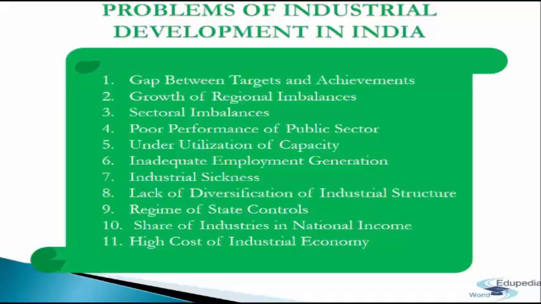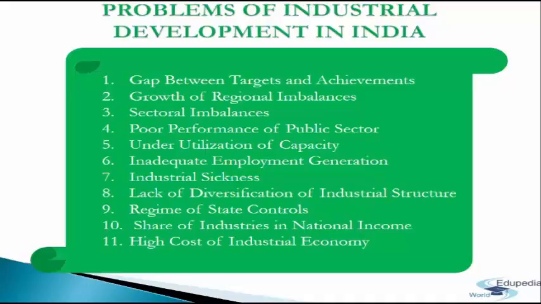Adequate attention has also not been given to improvements in technology and quality of the products. Consequently, due to these factors, sickness in certain industries emerged, particularly when market conditions tend to generate competition within the economy.